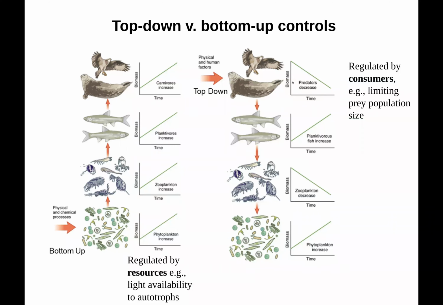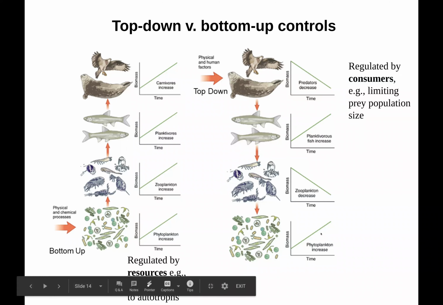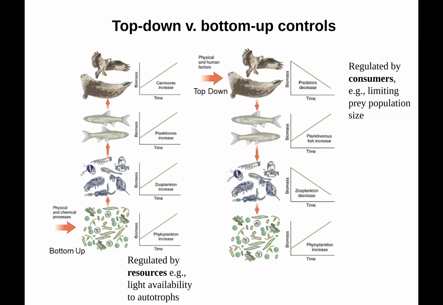So as you decrease the amount of big predators, the things that they eat go up, but the things that the zooplankton that these guys are eating go down because there's more predation, and as zooplankton go down, the more phytoplankton there is. So these are how food web populations are controlled, either through the interactions by consumers or by our resources overall.